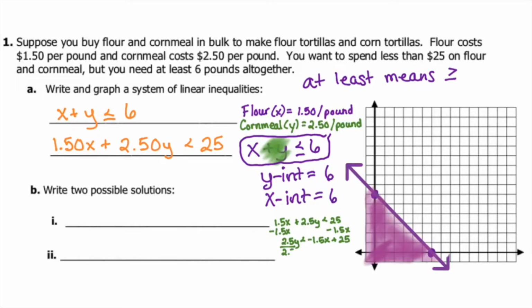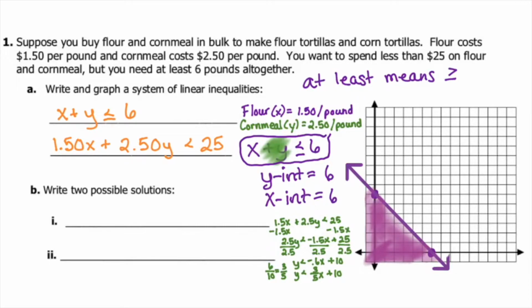And then we're going to divide by 2.5 on everything, which leaves us with y is less than negative 0.6x plus 10. Now 0.6x is the same thing as having 6 divided by 10. So if you simplify 6 divided by 10 by just dividing by 2 on the top and the bottom, that would equal 3/5. So we can change that decimal to a fraction so that we can use rise over run. So we have y is less than negative 3/5 x plus 10.